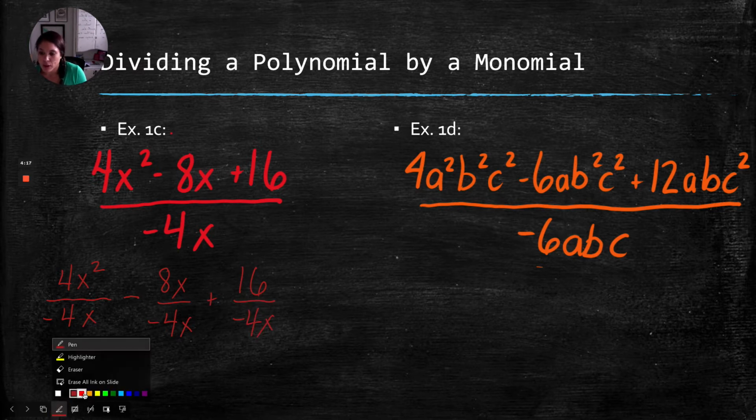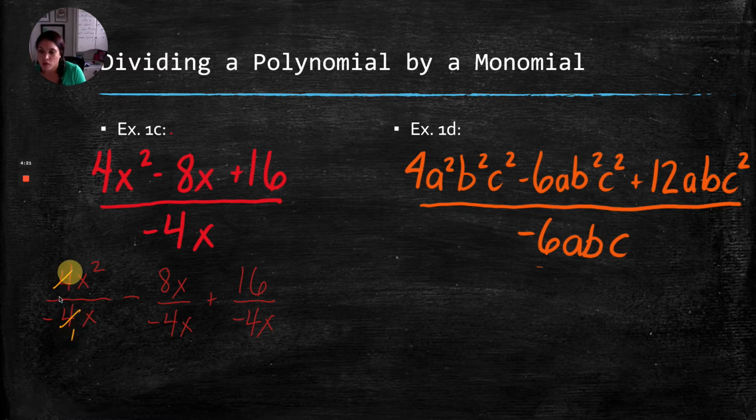Now let's simplify. So 4 goes into 4 1 time. 4 goes into 4 1 time. So I have a 1 over a negative 1.